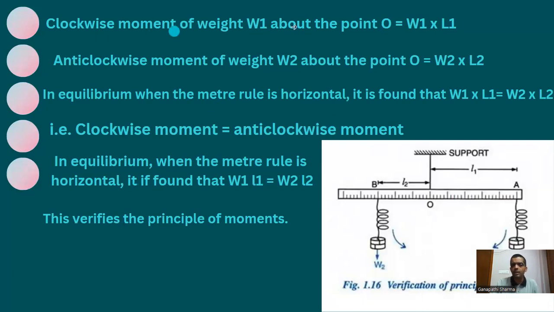The clockwise moment of W1 about the point O is W1 into L1, and the anti-clockwise moment is W2 into L2. It is found that at equilibrium W1 into L1 is equal to W2 into L2. That is, clockwise moments equal anti-clockwise moments. W1 L1 is equal to W2 L2. This verifies the principle of moments, bacho.